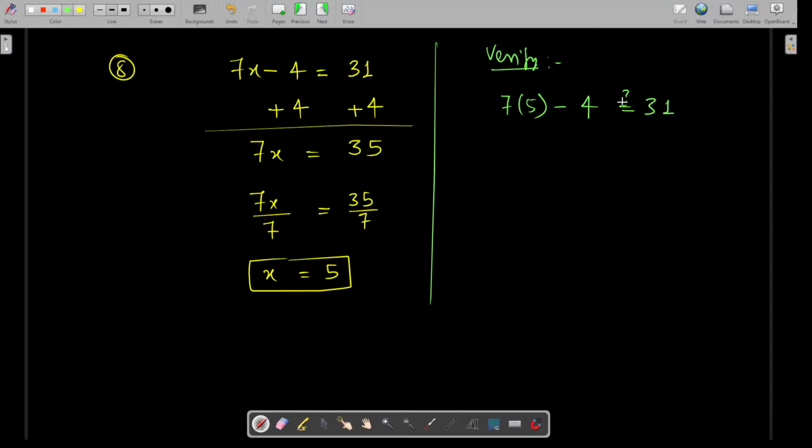We put an equal sign with a question mark, which means we're checking whether it equals or not. 7 times 5 is 35 minus 4, and the right side is already simplified, so it's 31 there. 35 minus 4 is 31, and 31 is indeed equal to 31, which means this is correct. That means the solution is 100% right.